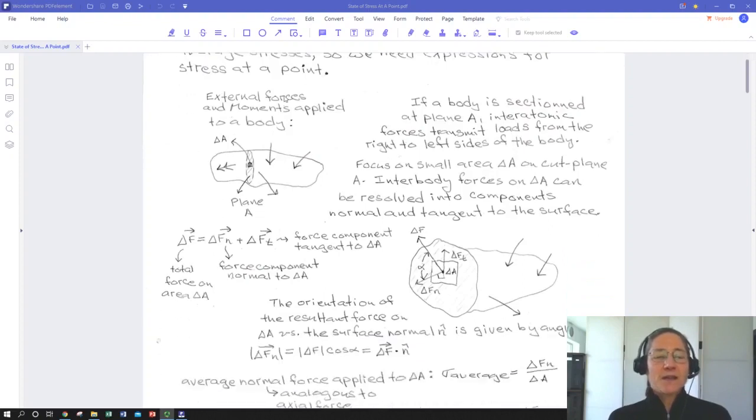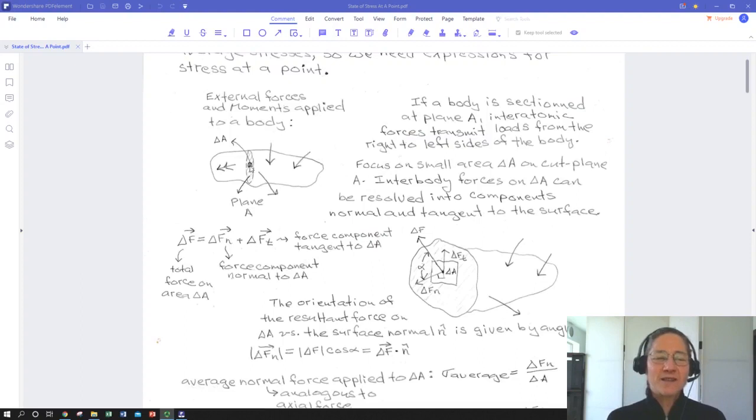So let's start out with a whole body. We've got this blob-shaped body, and it's subjected to a bunch of forces and moments. And we'll define a cross-section plane A, somewhere within the body, and somewhere on that plane we're going to define a little area delta A, which of course later on down the road we're going to shrink down even more.